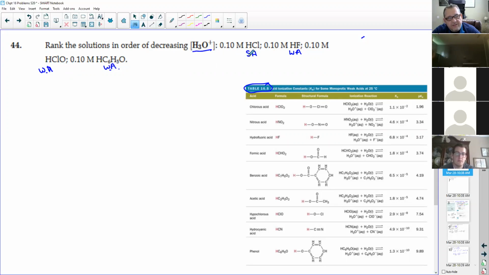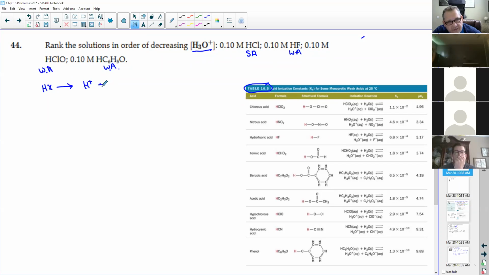We want to go from strongest to weakest. And when I say that, what we want is the decreasing amount of the H3O plus. When an acid performs its action, it releases the proton.